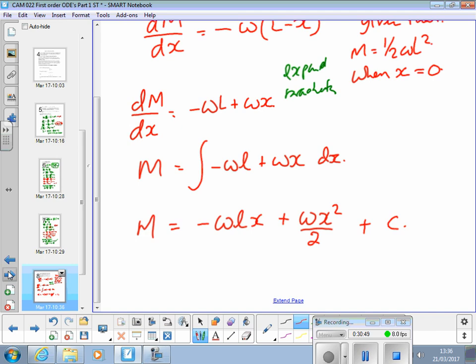Omega and L are unknown constants. Yeah, and you aren't going to be finding them because you haven't been given any information.